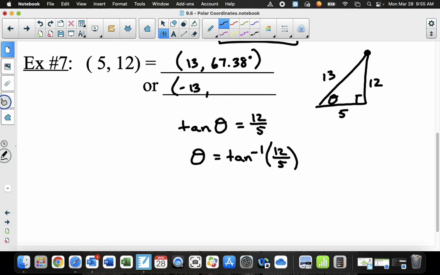Just add 180. That'll get you from quadrant 1 to quadrant 3, but then you go the opposite way since I made the 13 negative. So if I add 180 to that, what do we get? 247.38 degrees. So you could go to the third quadrant, but then go the opposite direction to put you back in the first quadrant.